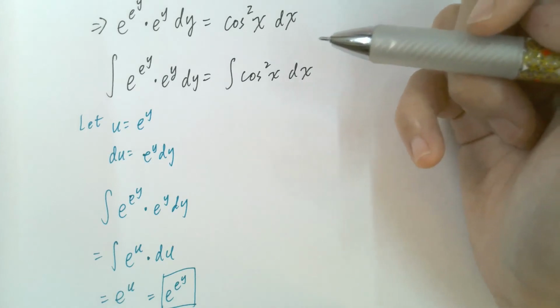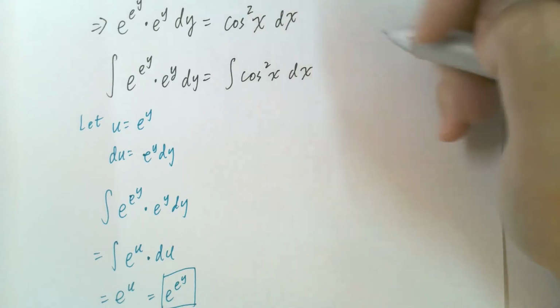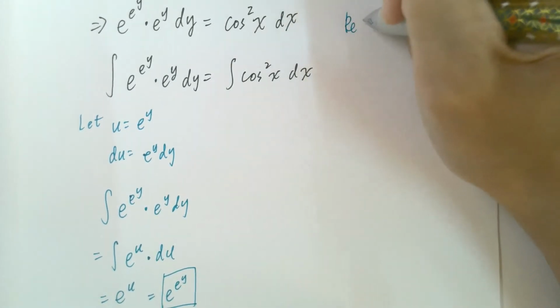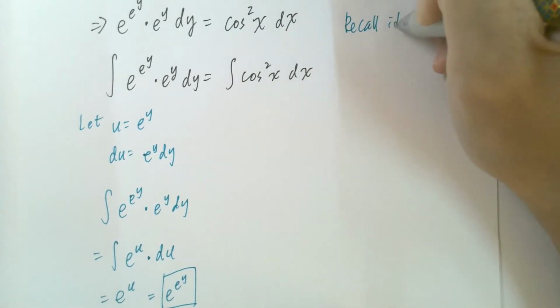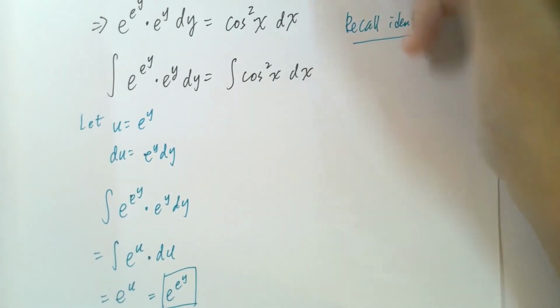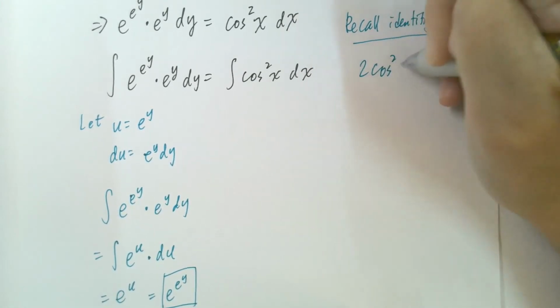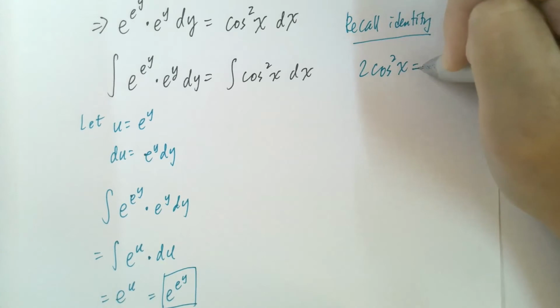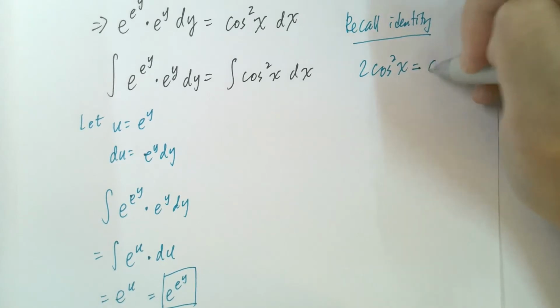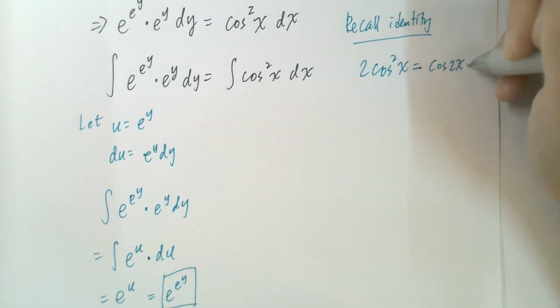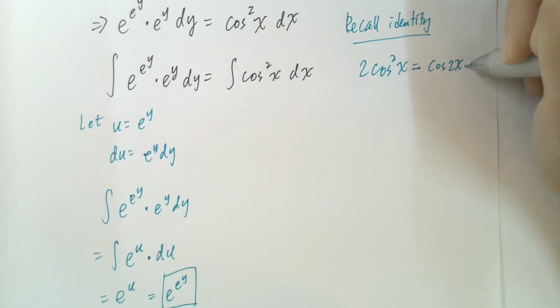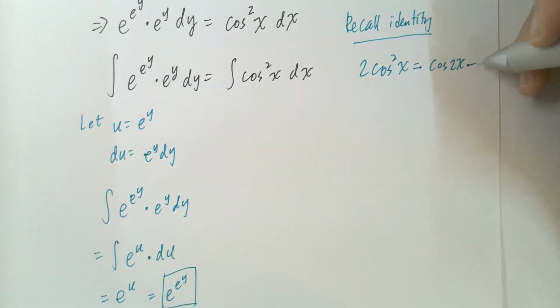Okay, so remember, recall the identity. We've got what? 2 cosine square x equals cosine of 2x plus 1.